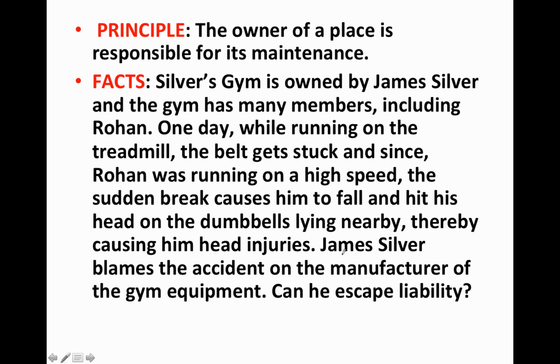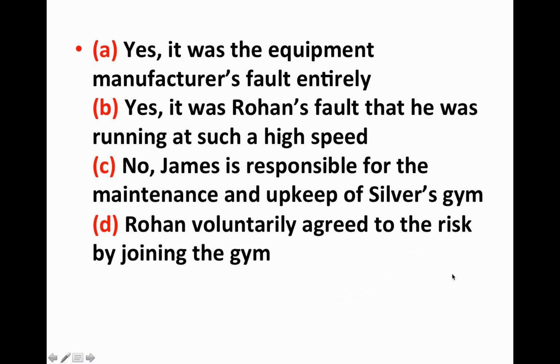James Silver is trying to shun responsibility here. But can he escape liability? Can he transfer the blame on the manufacturer of the gym equipment? Let us see the options. Option A says that yes, he can escape liability. It was not his fault, it was the equipment manufacturer's fault. Is this true? It can be true.